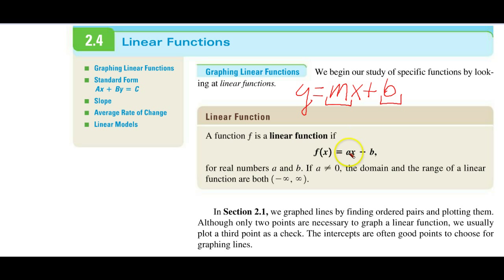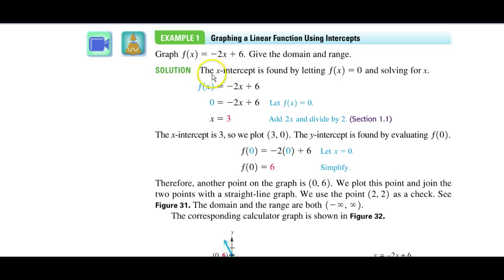Here they're just putting an a there instead of the m. But we will be working with this to show you how to graph and how all of this links into each other. Your instructor may give a little twist on this, but this is the way I like to do this.